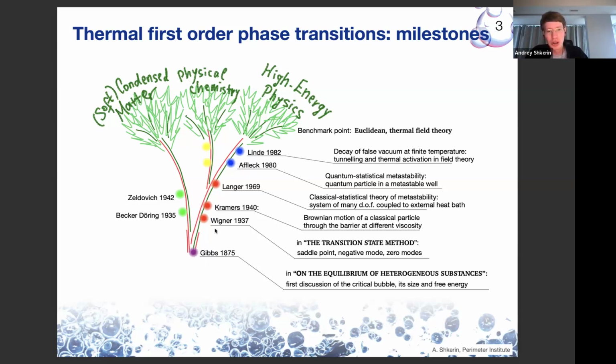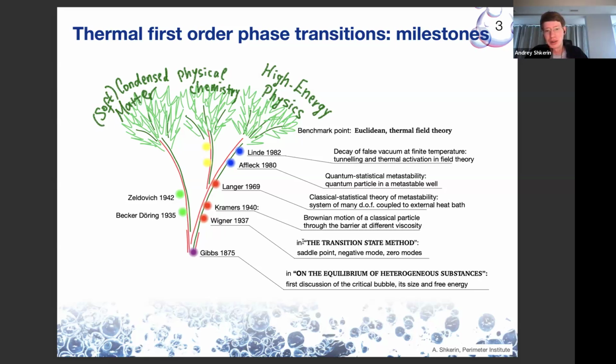Later, one can mention the works by Wigner, who was a prominent chemist, actually. And in his works already, one can see a familiar vocabulary. So he discusses the saddle point of the free energy, separating the metastable and stable phases, the negative mode, which describes the instability of the saddle point, zero modes, and many other things.